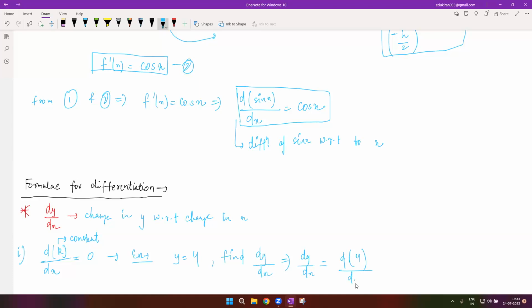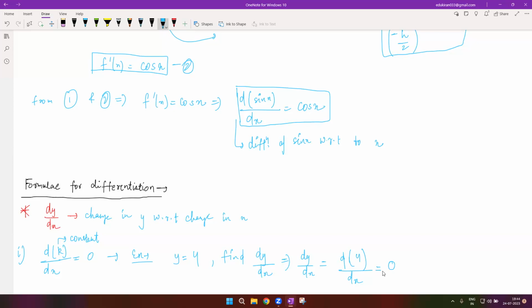Now this is basically constant. 4 is a constant. So the differentiation of a constant is always 0. Some of you may know this, okay? But I would like to explain why this is 0 with the same interpretation which we have discussed just above.